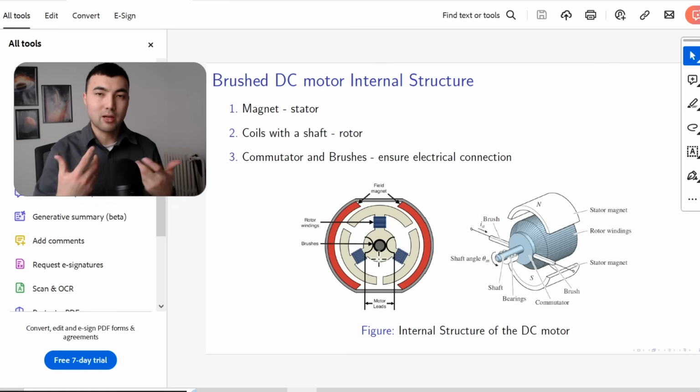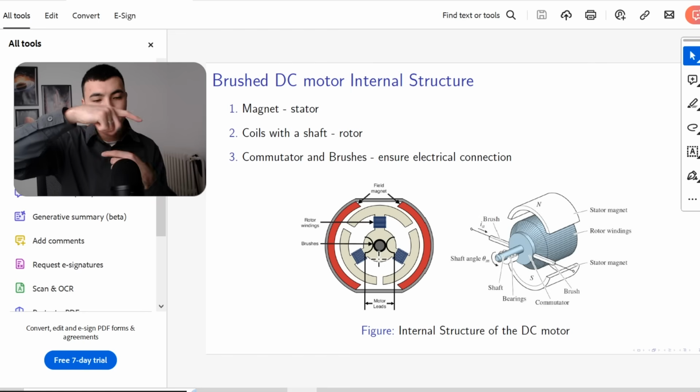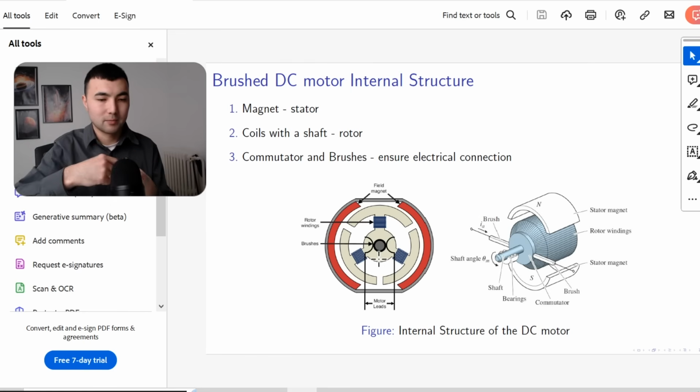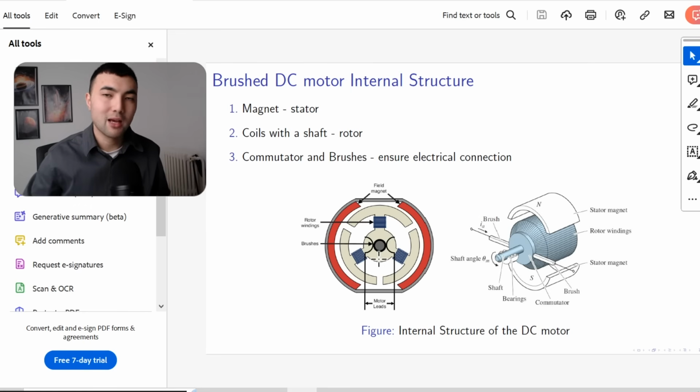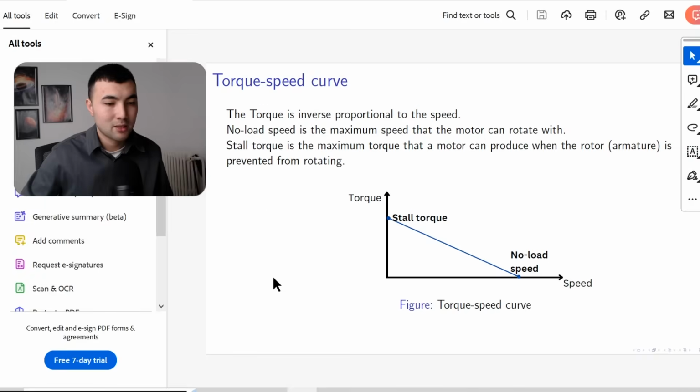So they interact with each other. That's why the rotor starts rotating. As simple as it is. And of course, on the web, you can find even more detailed information about the internal structure of the motors. And of course, you can find many types of videos on YouTube and other platforms.